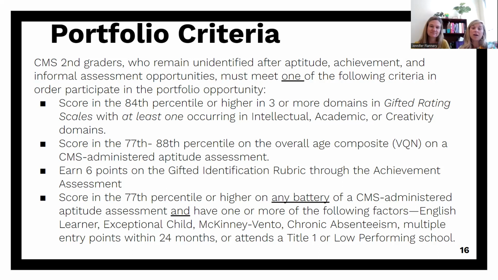Earn 6 points on the gifted identification rubric through the achievement assessment, and score in the 77th percentile or higher on any battery of a CMS administered aptitude assessment, and have one or more of the following factors: an English learner, exceptional child, McKinney-Vento, chronic absenteeism, multiple entry points within 24 months, or they attend a Title I or low performing school.